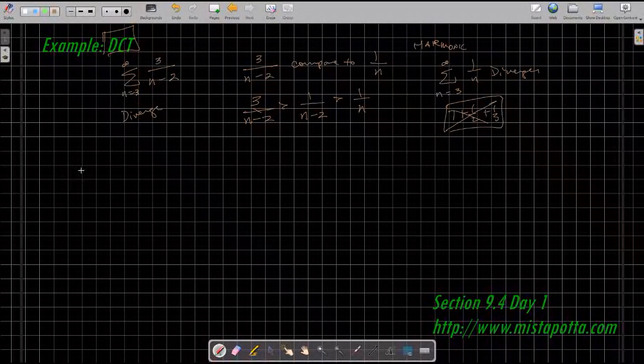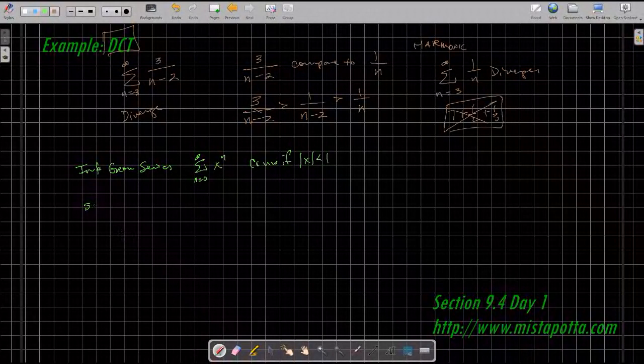We've talked about the infinite geometric series, in other words, the sum of x to the n as n goes from 0 to infinity, which converges if the absolute value of x is less than 1.